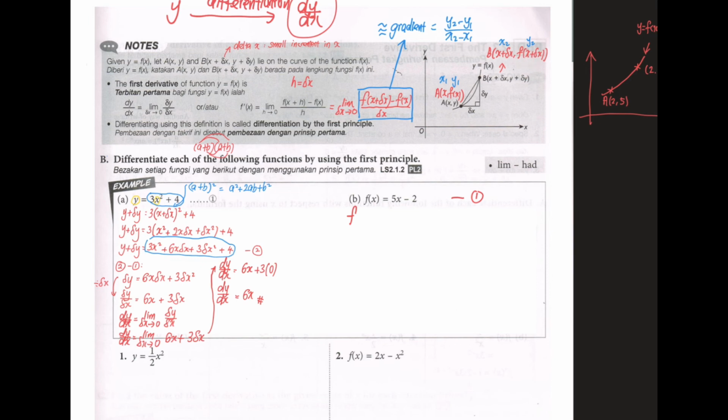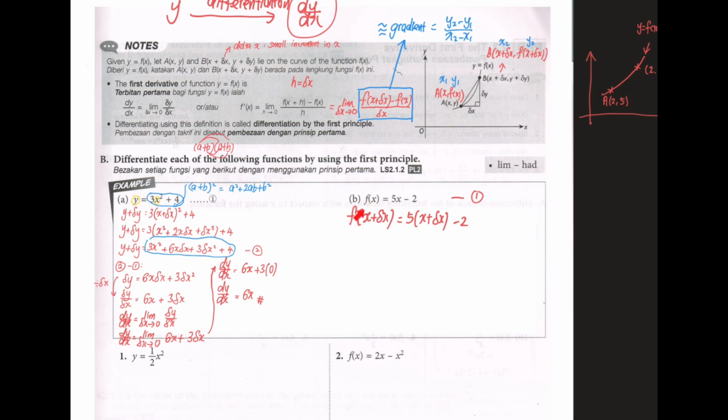Okay, so let's do that here. The fx on the left, we change it to fx plus delta x. The x, I change it to x plus delta x, minus 2. Okay, so you can see 5x minus 2. The x becomes x plus delta x.